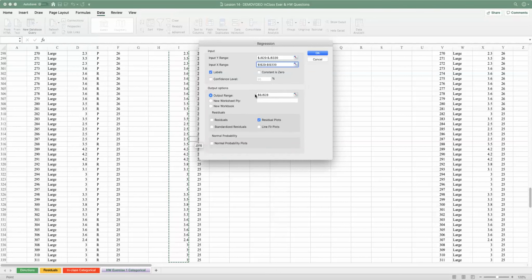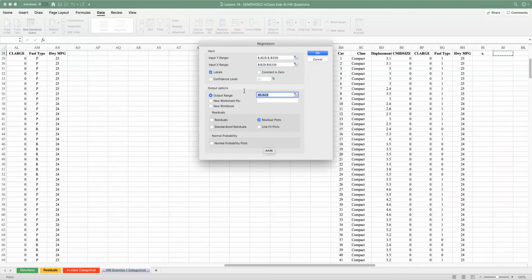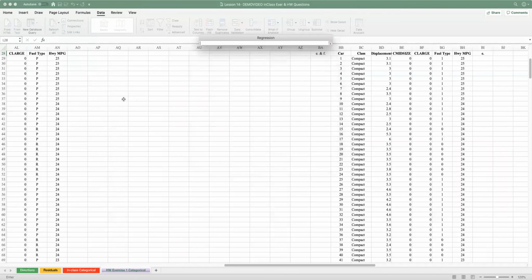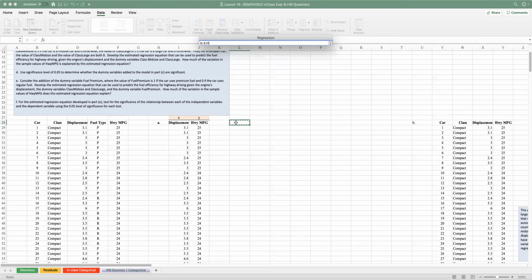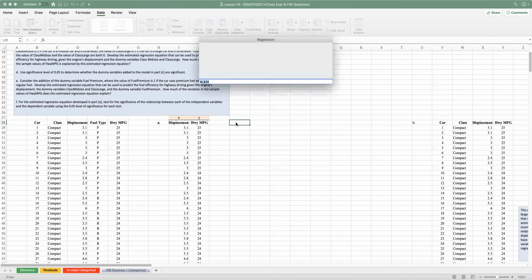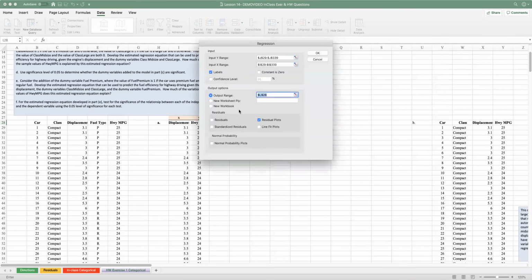Okay, let's tell it where we want it to be. Careful with these. Right there would be perfect. Now let's look at this. So four things: you've got the Y, you've got X. I don't have the labels highlighted, so I'm going to take that off. You've got the output range where I'm going to set this down, and I'd like the residual plot.